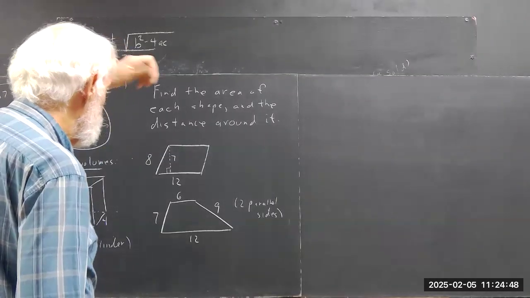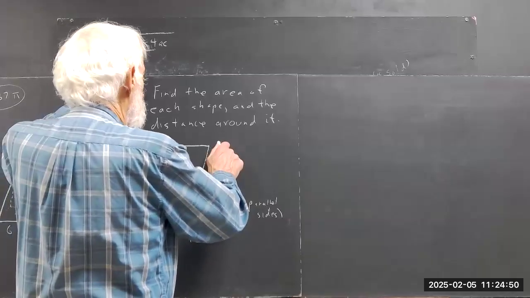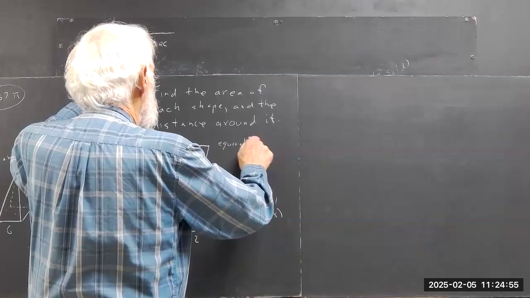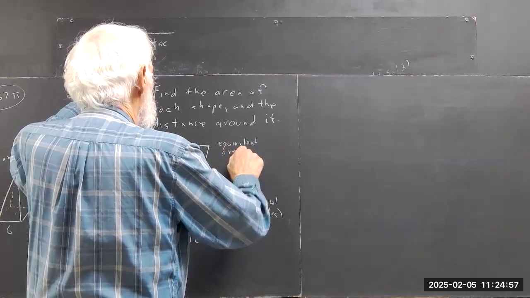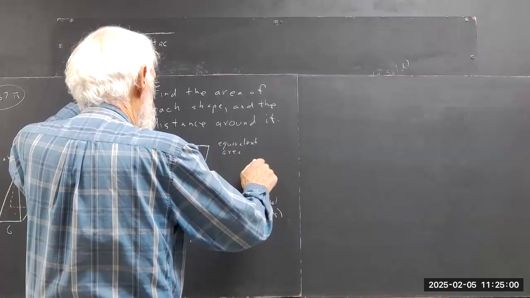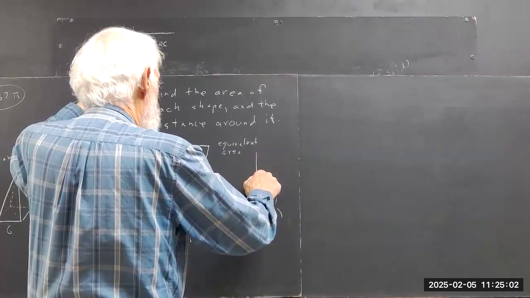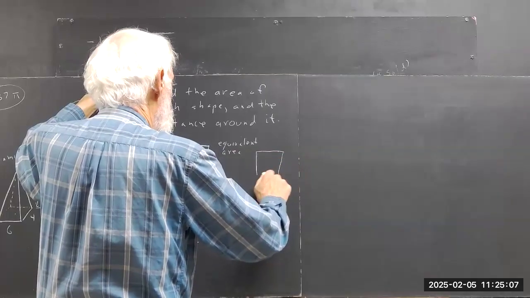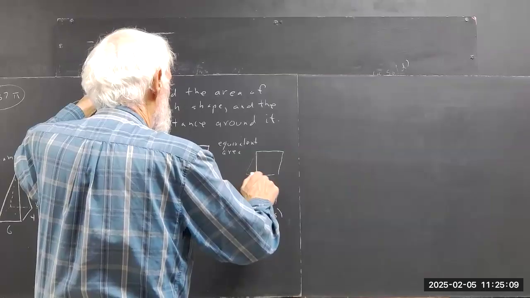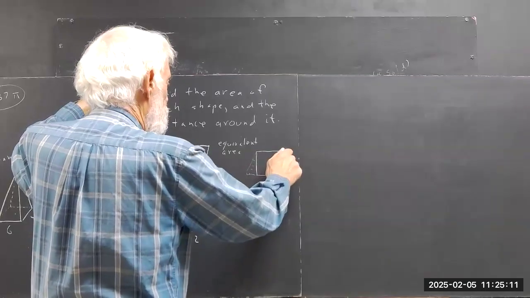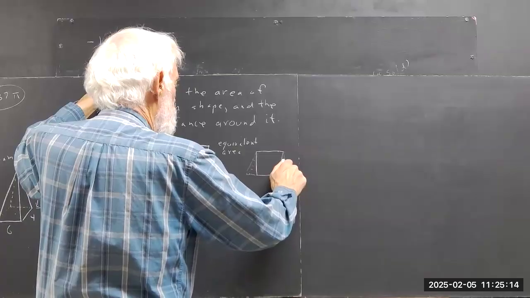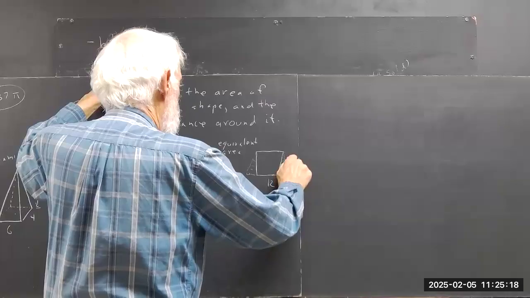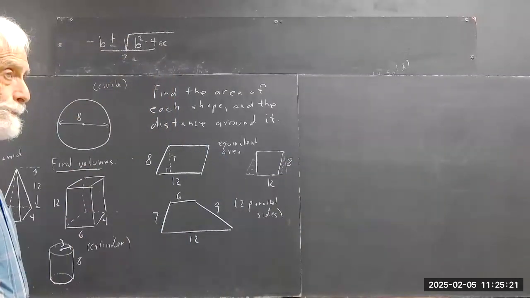So you get an equivalent area if you cut off this part and paste it on here, which then makes this into a 12 by 8 rectangle, okay?